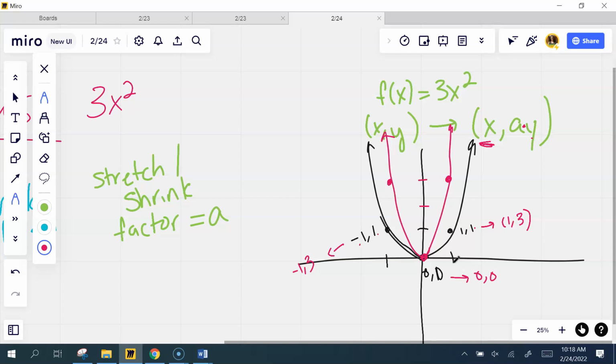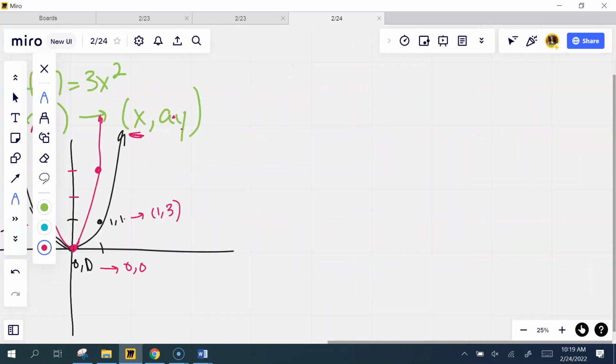Does that make sense? Does that look like a vertical stretch to you? Yes, because if you took that y-axis and you stretched it out, that's what it would look like. Does that make sense? Let me give you another vertical to try and see what happens.